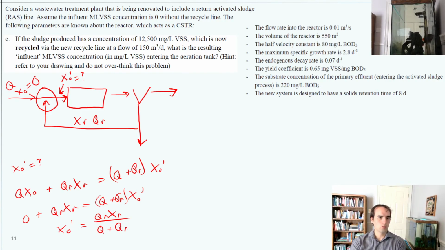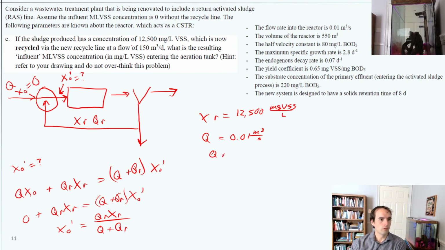Okay, so then we just need to make sure that we have those terms. We know that XR was given as 12,500 milligrams VSS per liter. Q was 0.01 cubic meters per second.